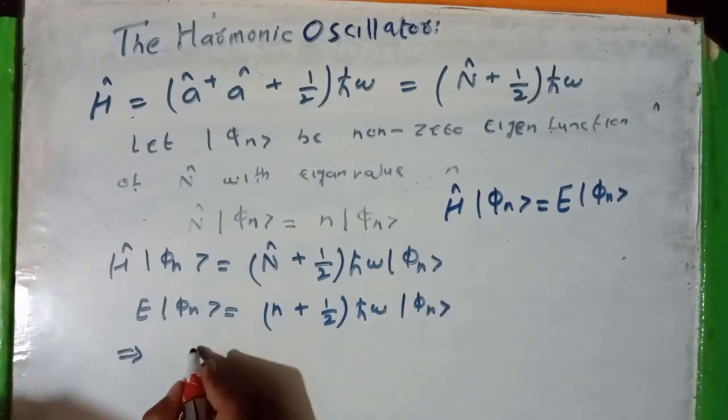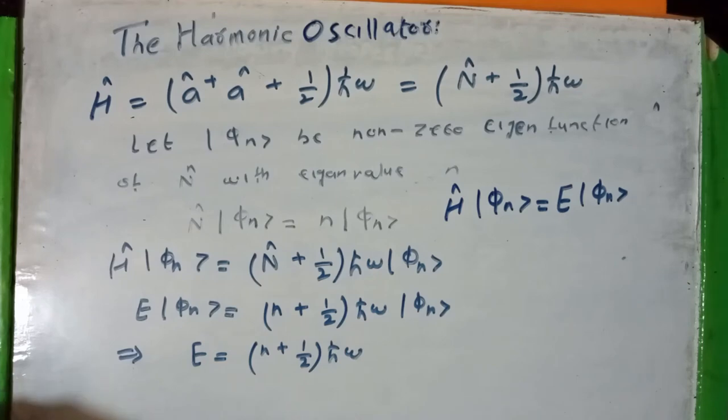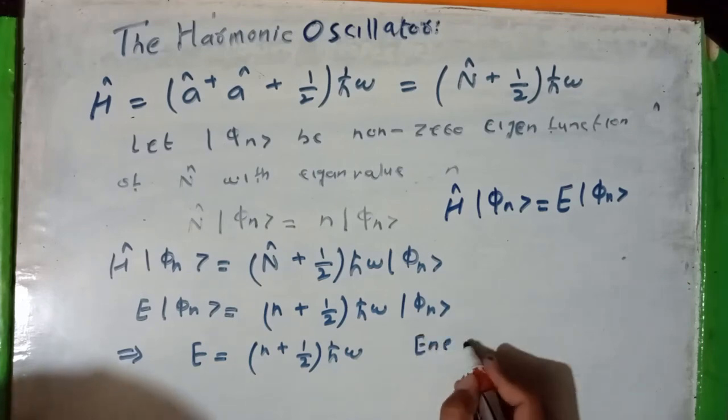So it implies that the energy is equal to (n plus 1 over 2) h-bar omega. This is the energy of the harmonic oscillator.